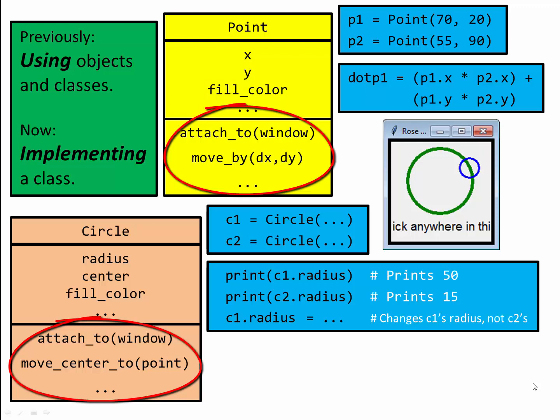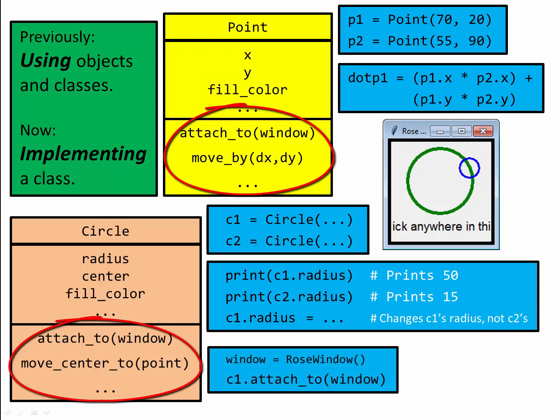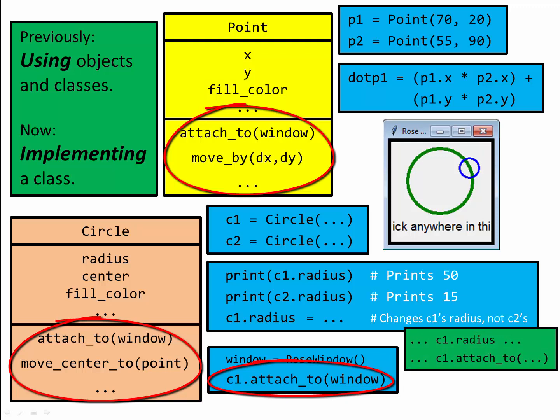For example, if we have an instance c1 of the circle class and an instance of the rose window class called window, then we can attach the circle to the window using the circle's attach_to method. The notation is exactly like the notation for referring to an instance variable, except the name after the dot has parentheses. Also, the notation is exactly like calling a function, except the name has an object and a dot in front of the name.